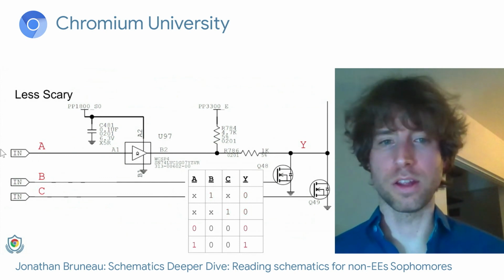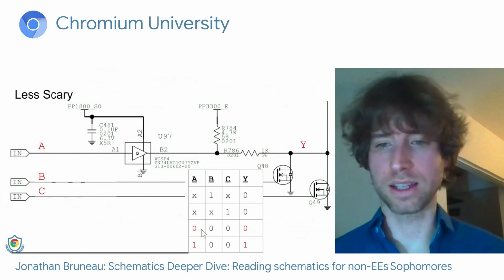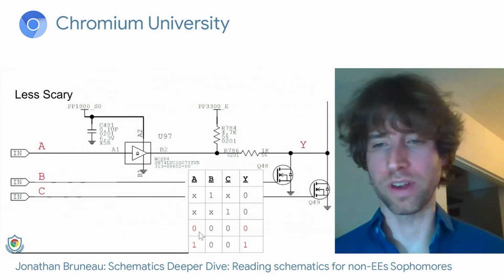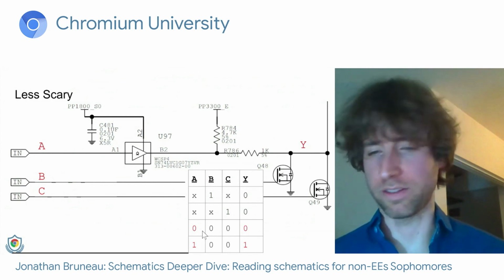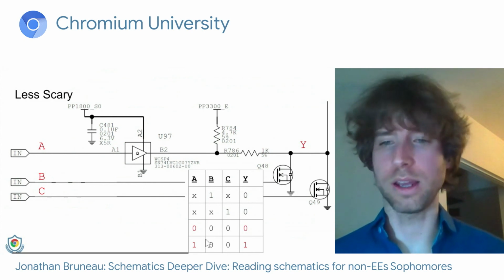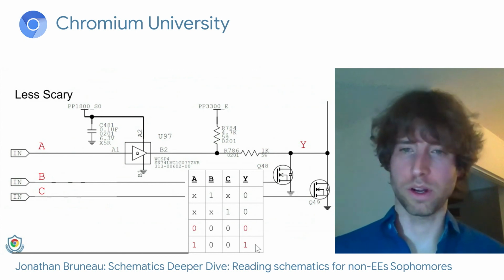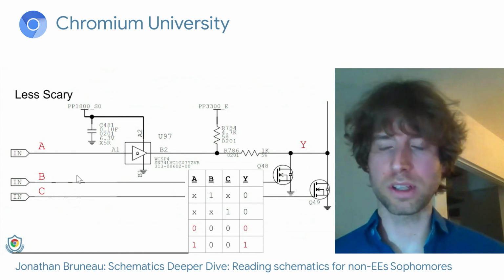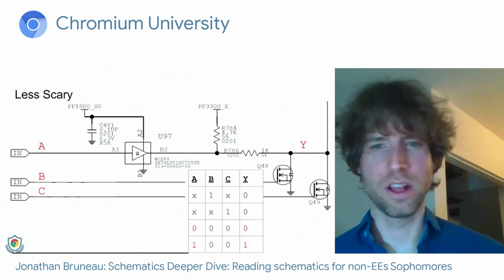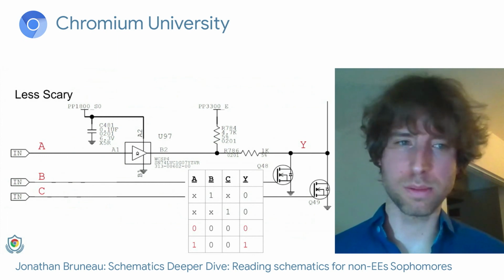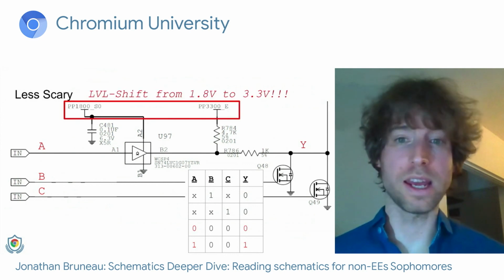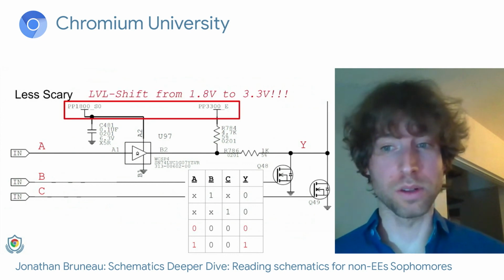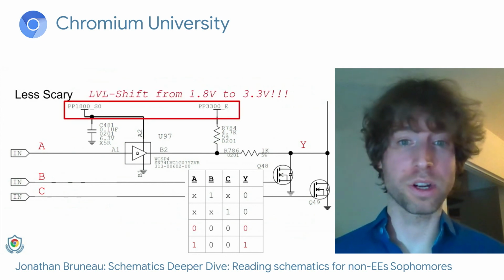Otherwise, the output tracks the input. So if I have a 0 on A, the output Y is 0. And if I have 1, I get a 1. So this is actually pretty neat. We're able to take a circuit that we don't really have a ton of understanding of and understand its behavior in a very detailed way. And let's not forget, we also level shifted the thing too, which is pretty cool.